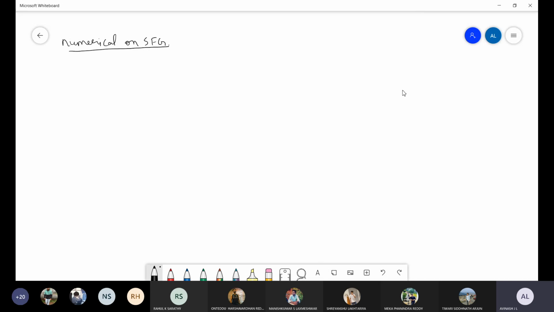So now when you're talking about this particular numerical, in the last class I told you to calculate y6 divided by y3. So for that, what is the signal flow graph they have given? They have given y1, this is y2, this is y3, this is y4, this is y5, and this is y6.